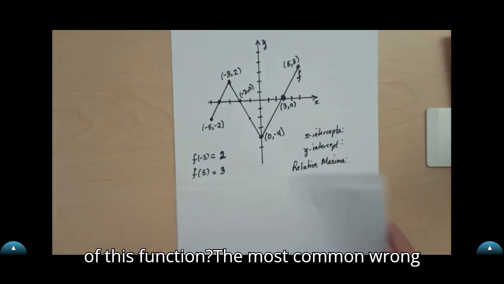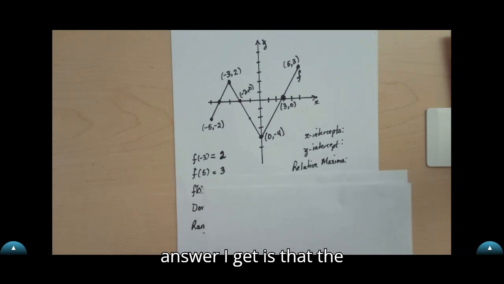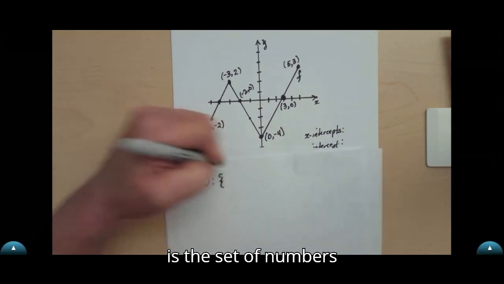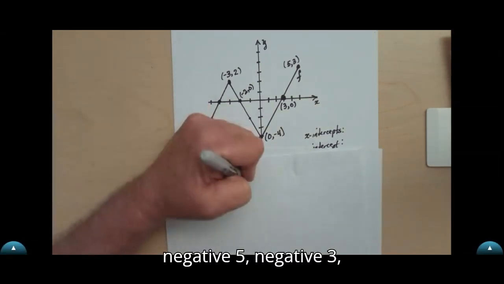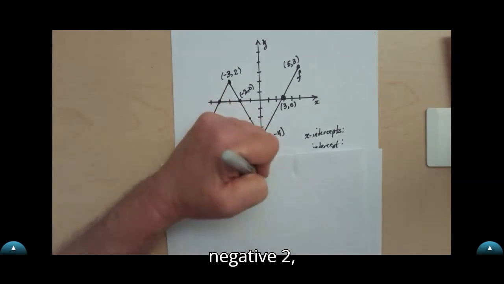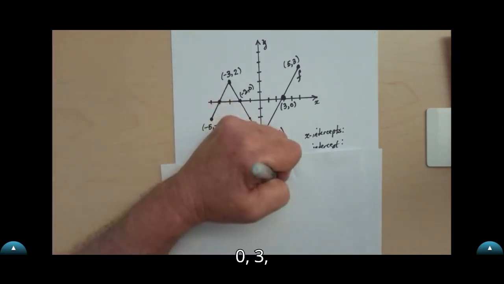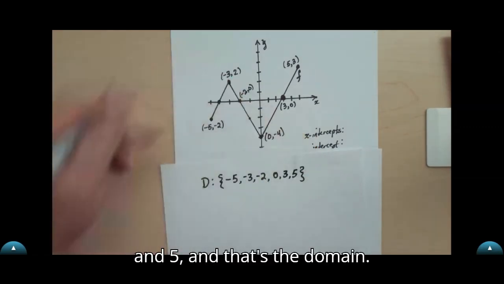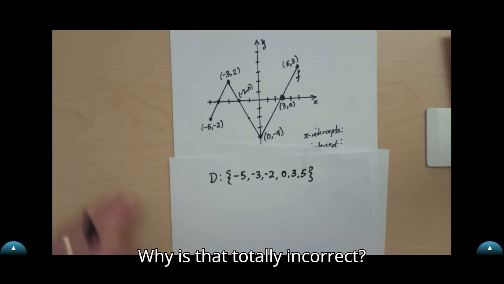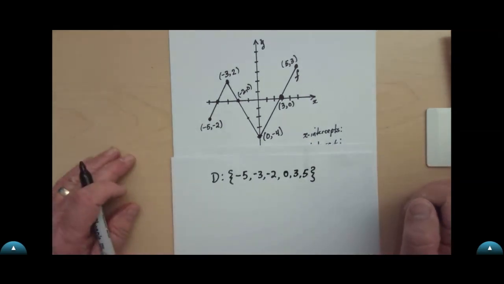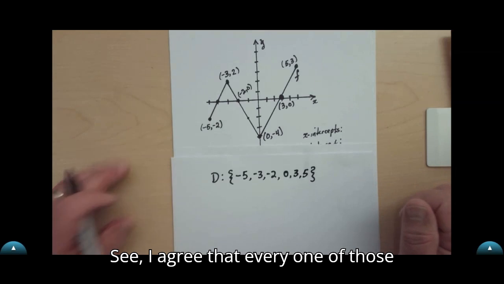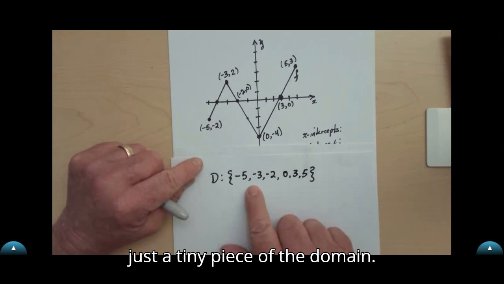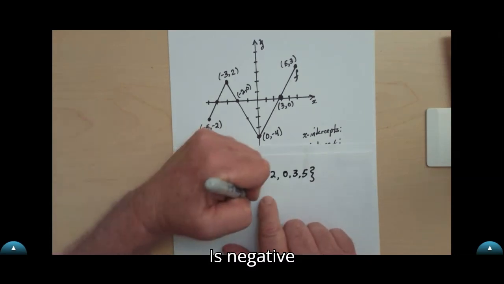The most common wrong answer I get is that the domain is the set of numbers -5, -3, -2, 0, 3, and 5. And that's the domain. Why is that totally incorrect? I agree that every one of those numbers is in the domain, but that's just a tiny piece of the domain.